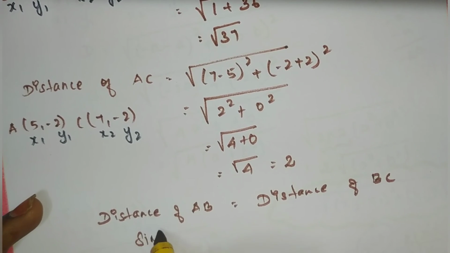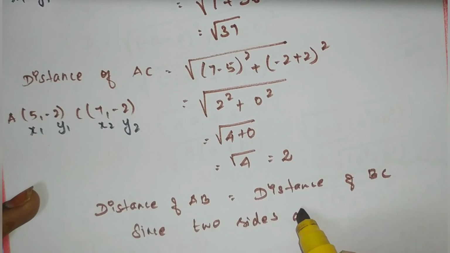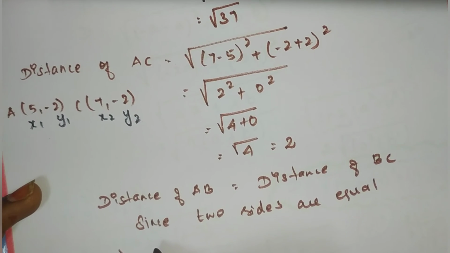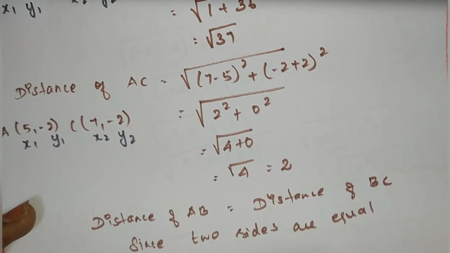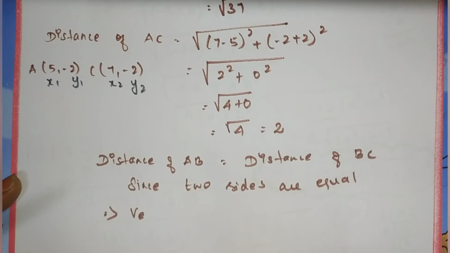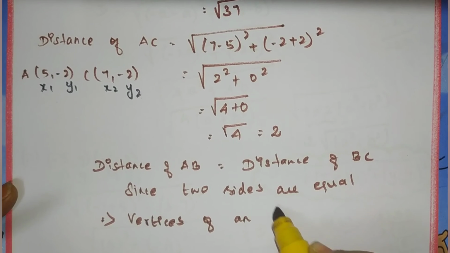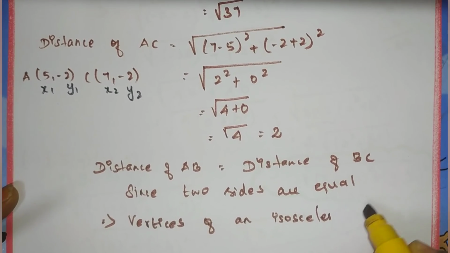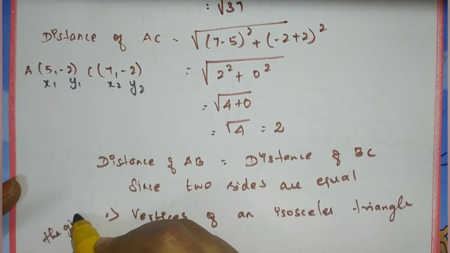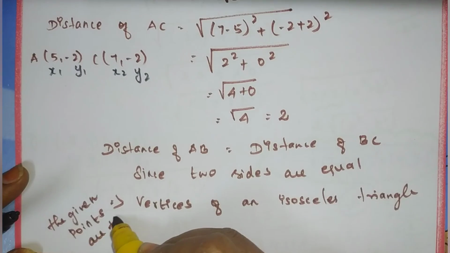Since two sides are equal, we can tell that the given points are the vertices of an isosceles triangle.